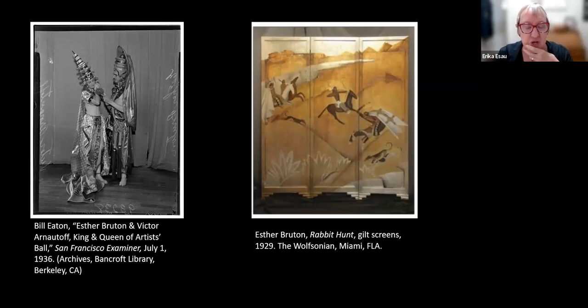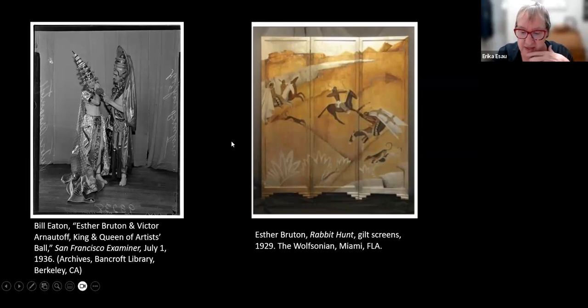But the Brutons, even though this atmosphere in 1930s San Francisco was very politicized, never were the least bit interested in anything political, despite this atmosphere. They were just friends with everyone there.